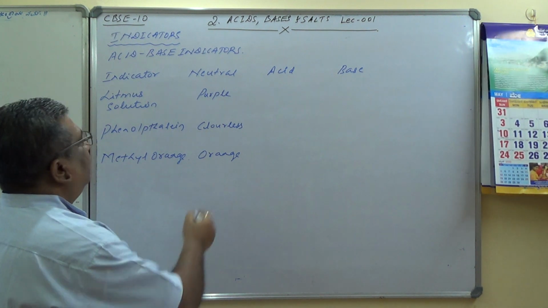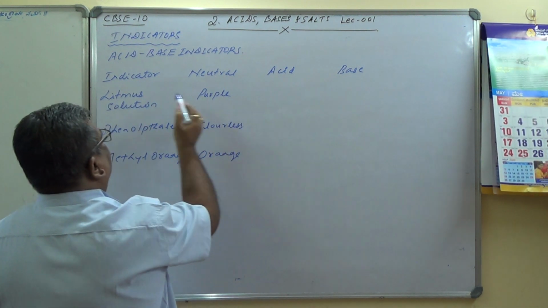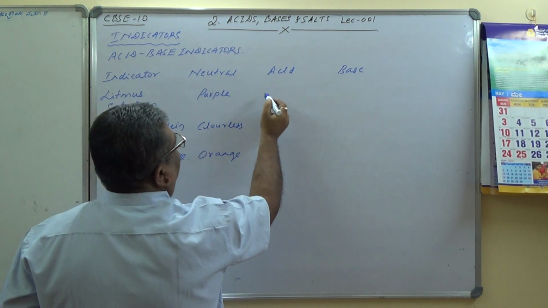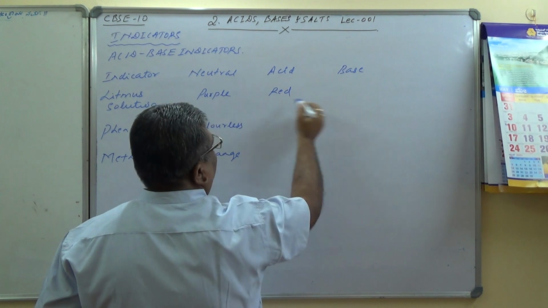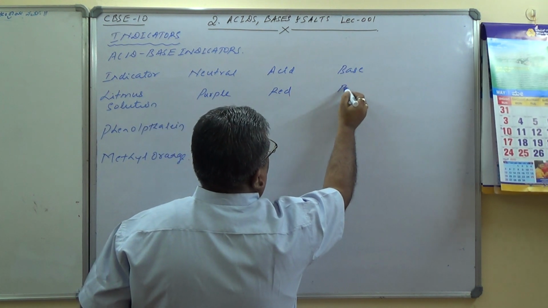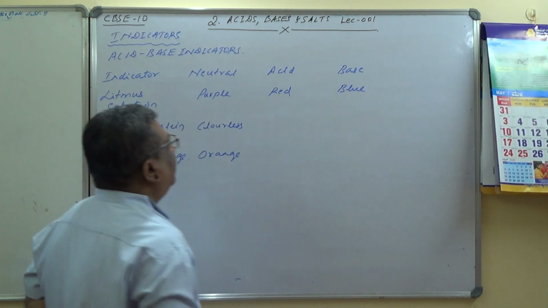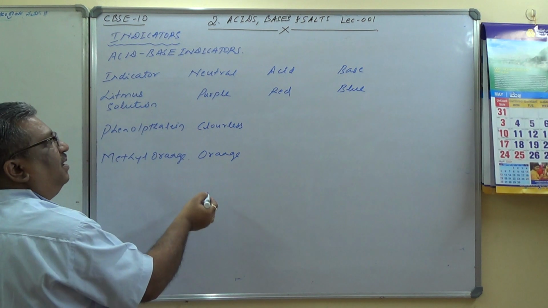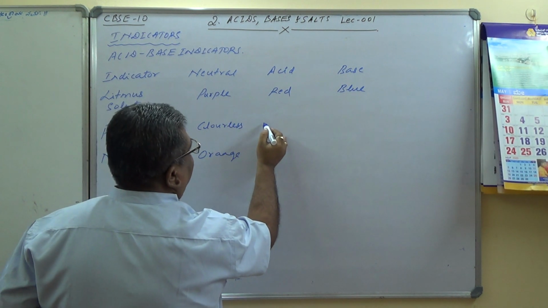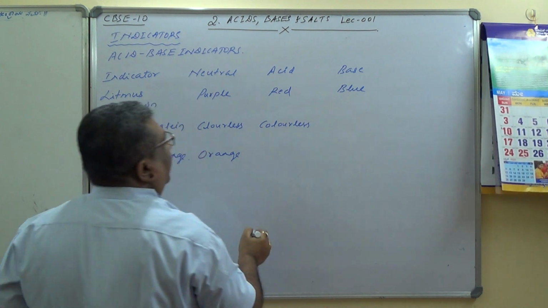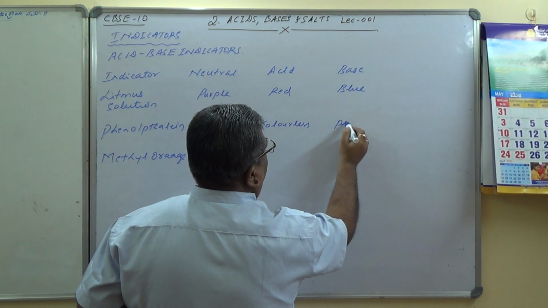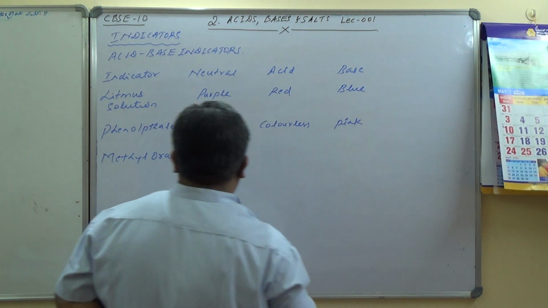Now, in acidic condition, the litmus solution changes to red, and in base, the litmus solution changes to blue. Next, phenolphthalein, in acidic, it remains colorless, and in base it changes its color to pink.